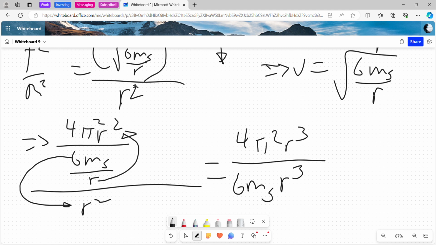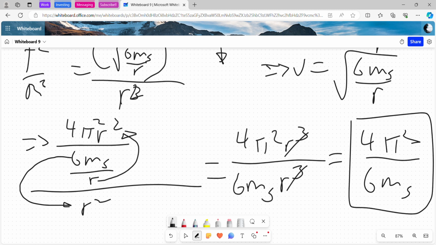Oh, sorry, this is r cubed up here. My bad. Yeah, times r cubed. So then the r's cancel, and this equals 4 pi squared over GMs. And that's basically the final answer.